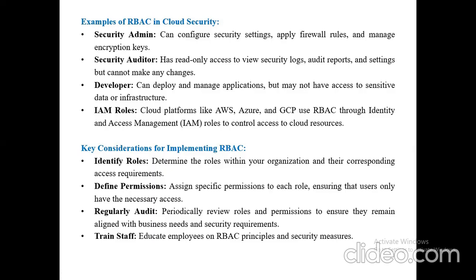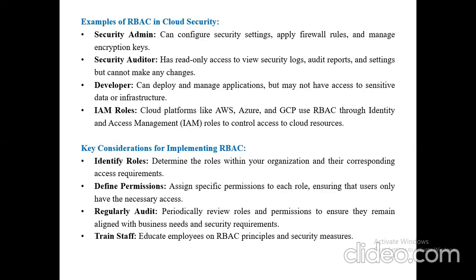Then, examples of RBAC in cloud security. The security admin can configure security settings, apply firewall rules, and manage encryption keys. The second example is the security auditor. It has read-only access to view security logs, audit reports, and settings but cannot make any changes.